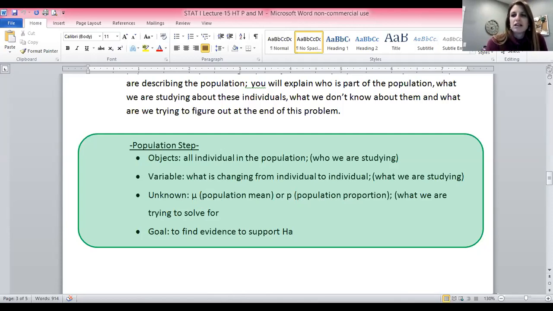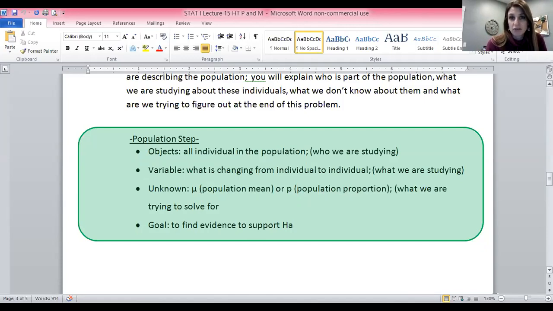Then my goal is always to find evidence to support my HA, which is my alternative hypothesis. In the beginning, I tell all of my Stat 1 students that we should hold off on the goal until we do the second step. Because in the second step, we define what HA is, and then we can come back up and write the goal.